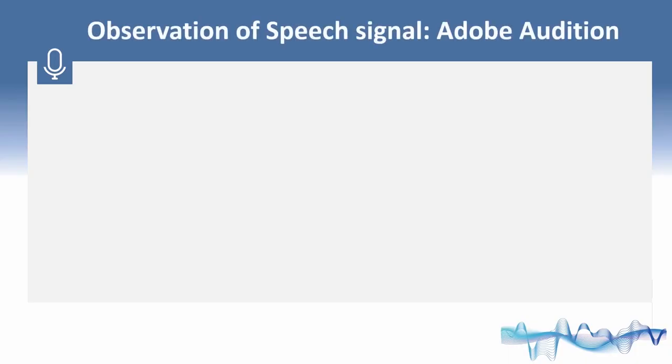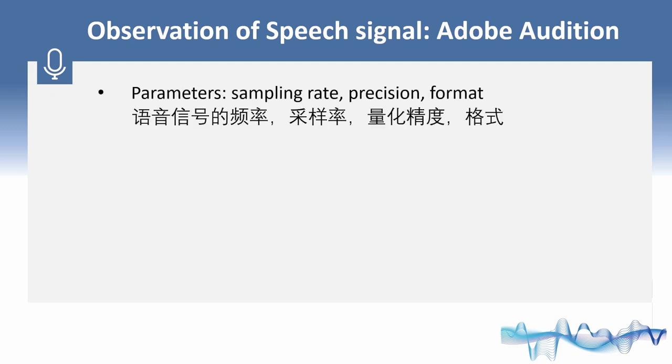We can observe the speech signal with the software Adobe Audition, which looks like the oscilloscope and the spectrum analyzer. In the software, we can open different kinds of file formats and adjust the sampling rate and the precision of the signal.